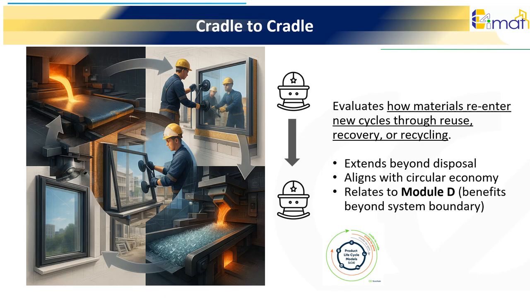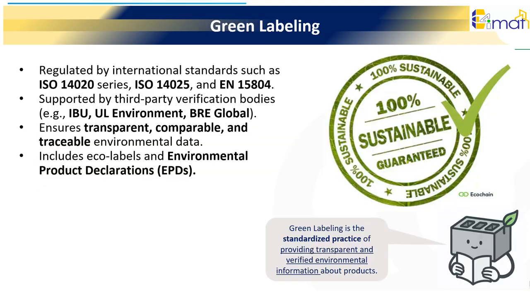Within the EN 15978 framework, cradle-to-cradle thinking aligns with Module D, which accounts for potential benefits beyond the system boundary. This approach is increasingly used in product design, sustainable construction, and material innovation, as it reduces resource consumption and supports long-term circularity. Let's introduce a key concept for this module: green labeling.